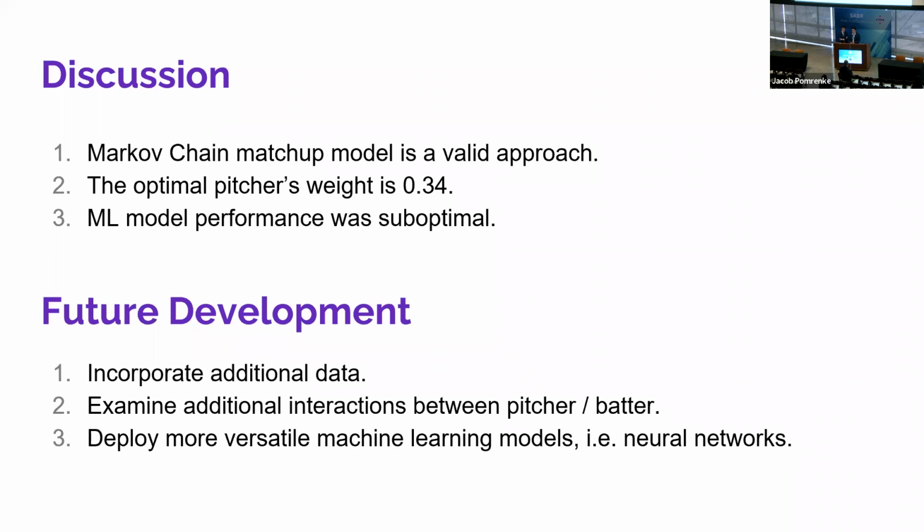To us, this is slightly controversial because we would think that the pitchers would take about half or maybe even more of the equation, because they are the dominant, proactive side of pitching and batting. And the third one is that the machine learning models' performance was slightly suboptimal. And again, for the sake of time, we would love to talk about it later.